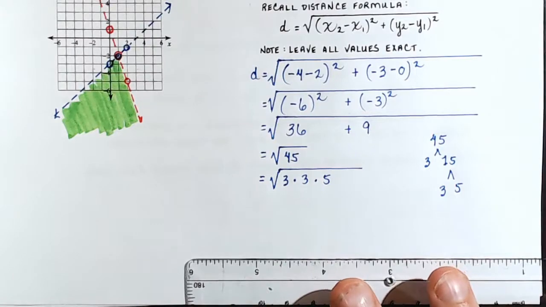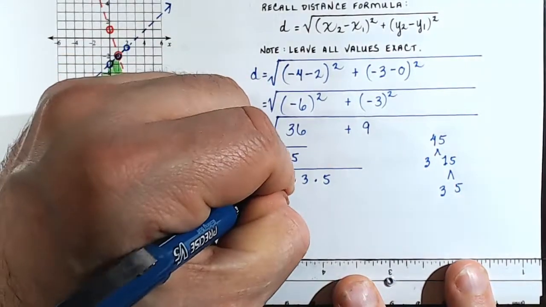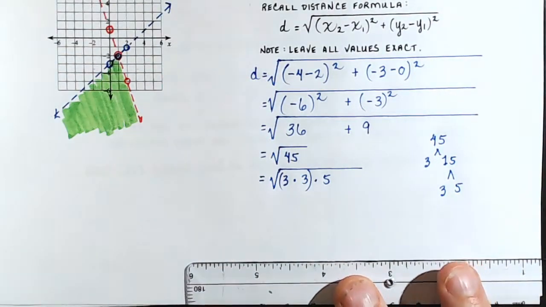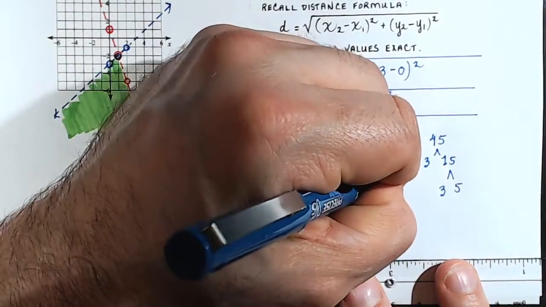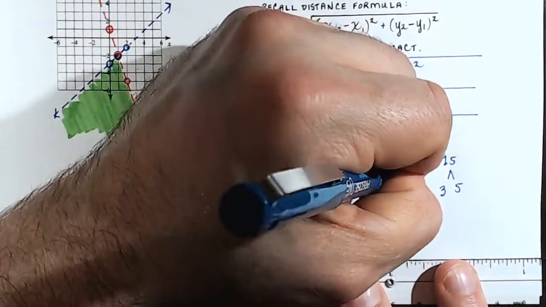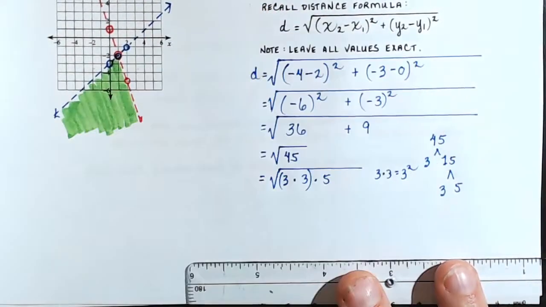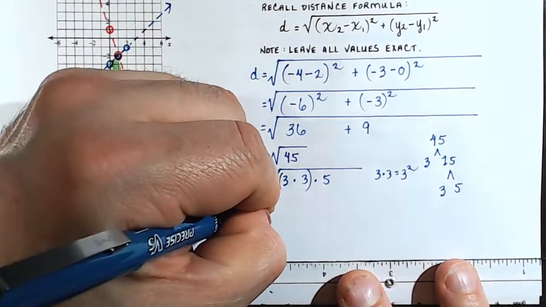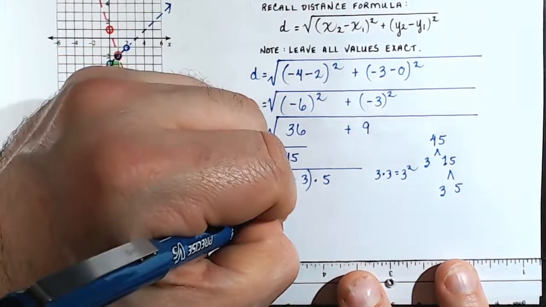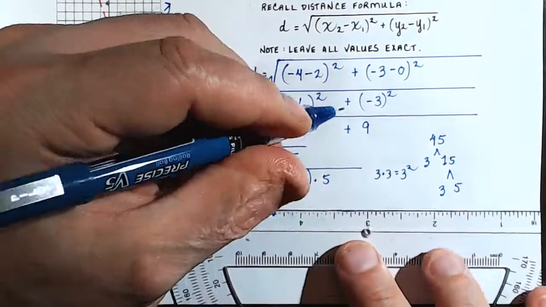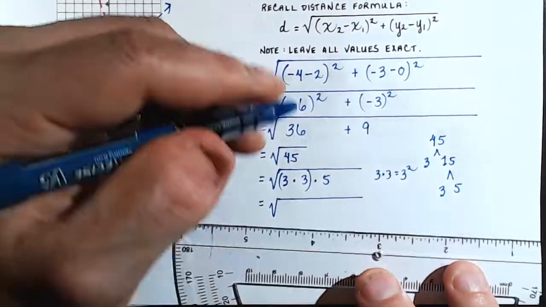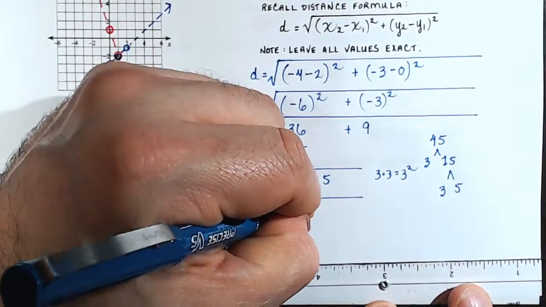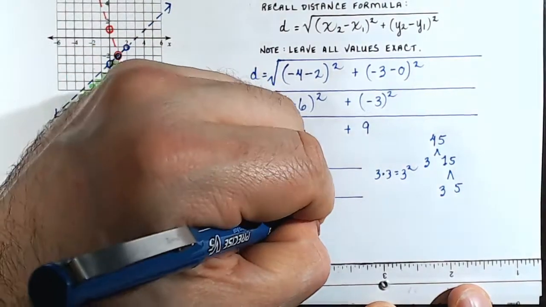Okay? Now what I'll do next is group the 3's together. And recall that 3 times 3 can be written as 3 squared. Okay, so now the next line says square root of 3 squared times 5.